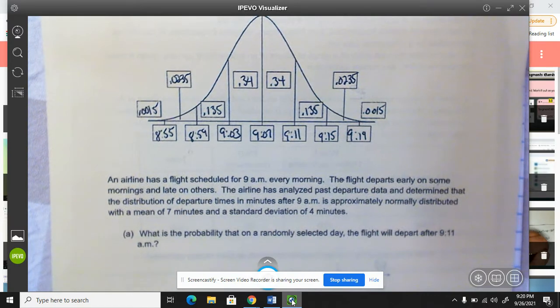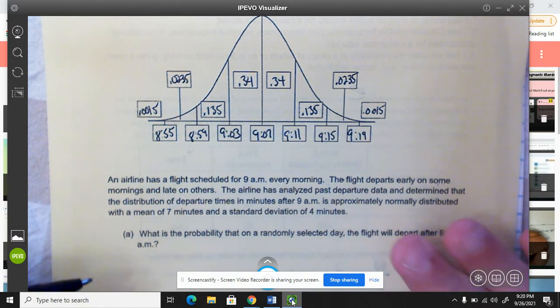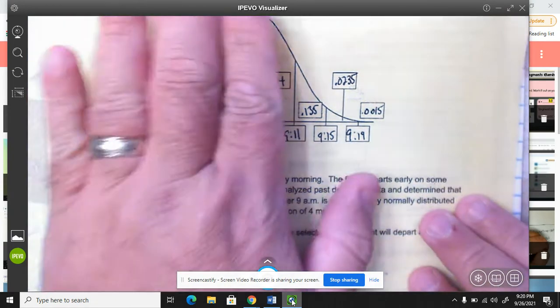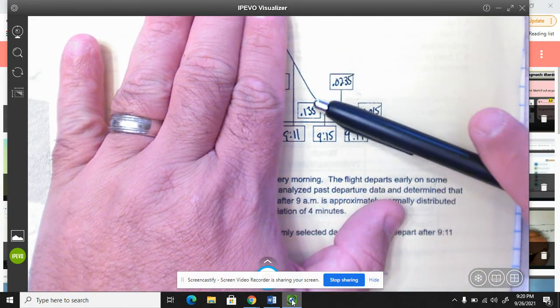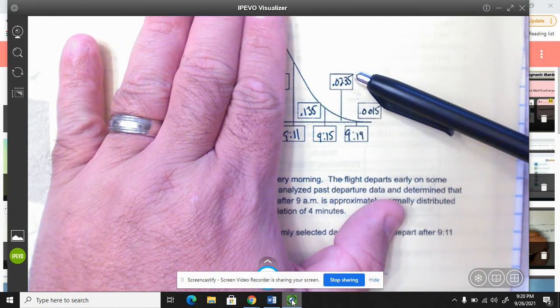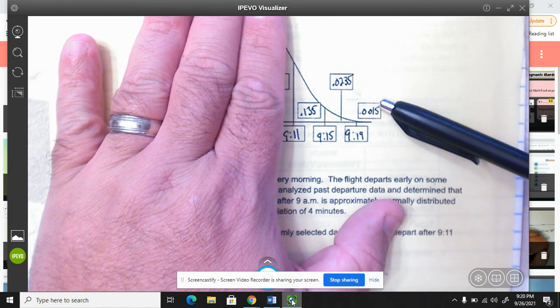What is the probability that on a randomly selected day the flight will depart after 9:11? So I'm just going to cover that up. 0.135 plus 0.0235 plus 0.0015.